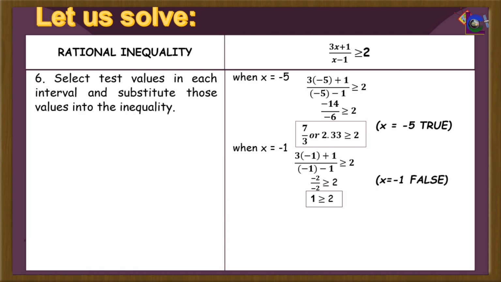So therefore, -1 is false. Now we will substitute 3 to the original expression. Our answer is 5 is greater than or equal to 2, which is correct. So therefore, x = 3 is true.